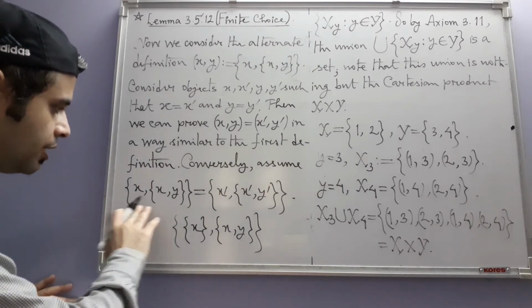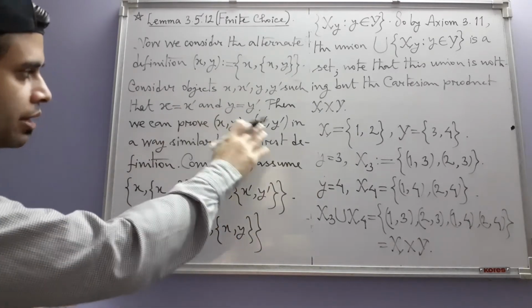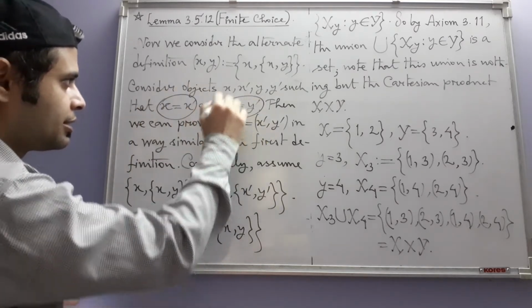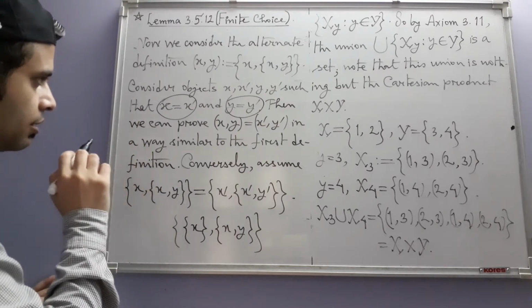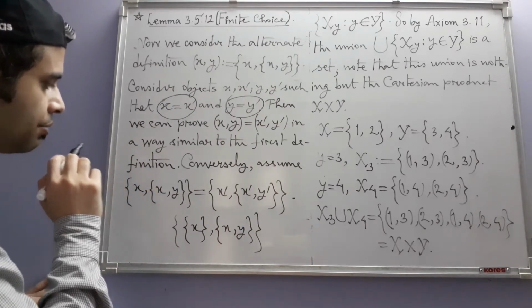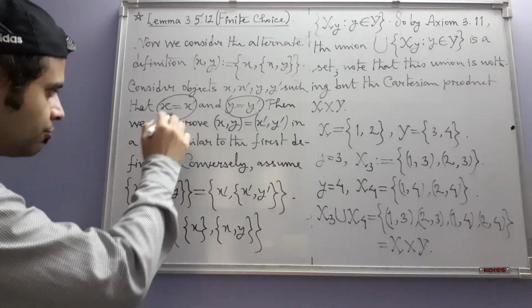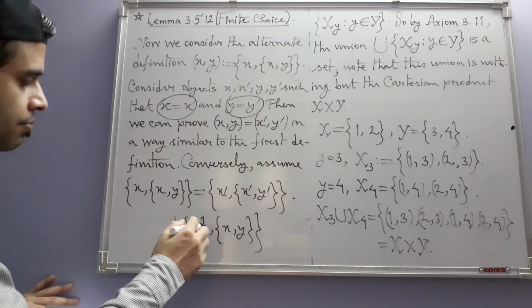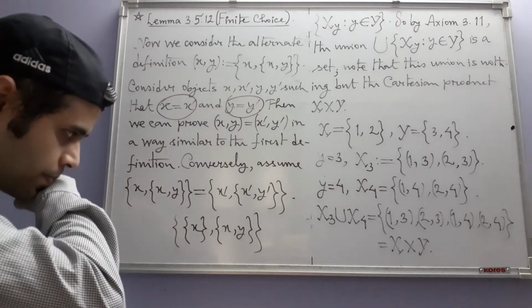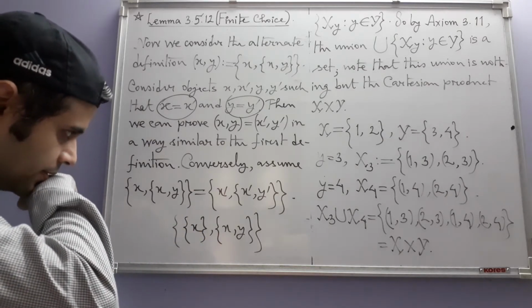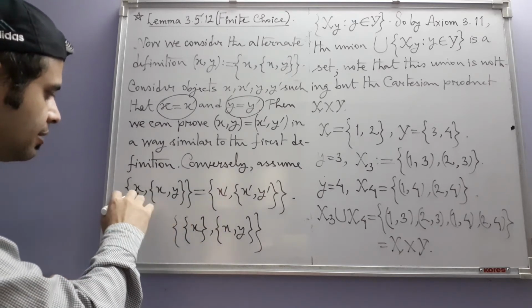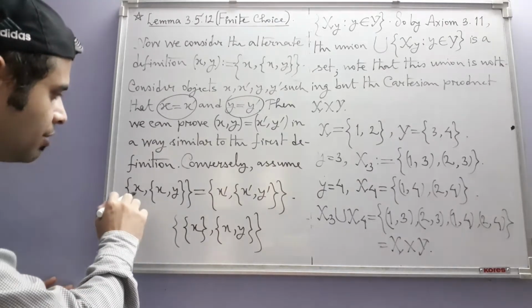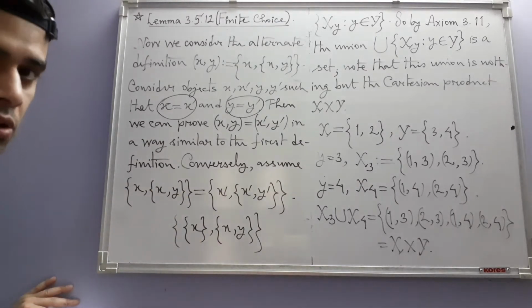So figuring out that x is equal to x prime and y is equal to y prime, although they are just equations, to prove this we have to use the fact that x is a set when it is a set, and also when x is not a set, when it is not a set.